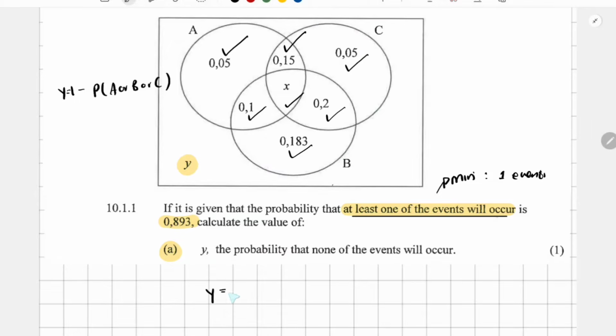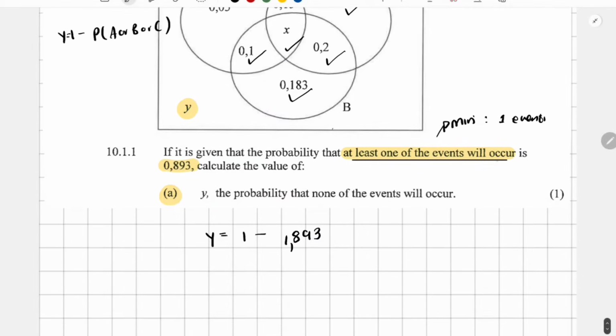That's why we find Y by saying 1 minus this number, because this is at least one of the events occurring. That's the sum of all your circles, everything that is in these circles. So 1 minus 0.893, that is going to give you your number.